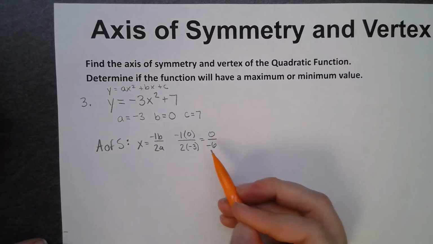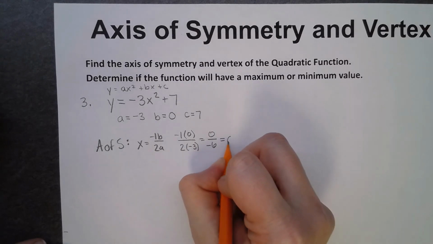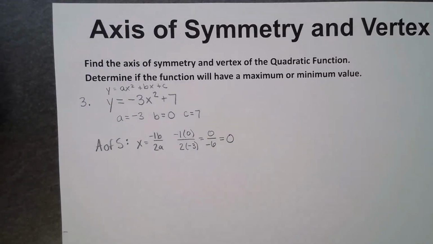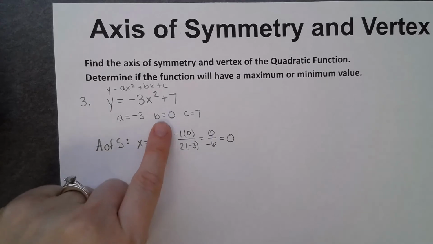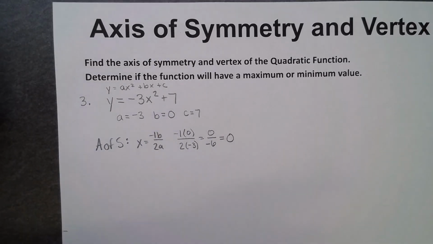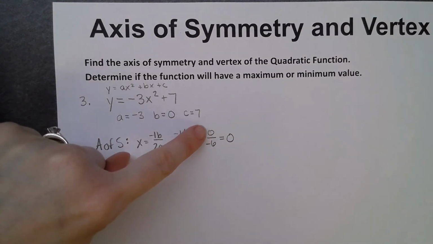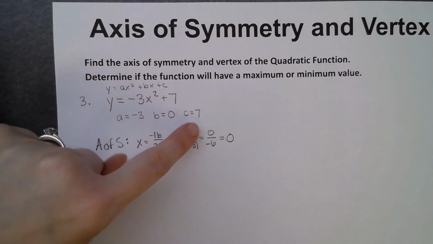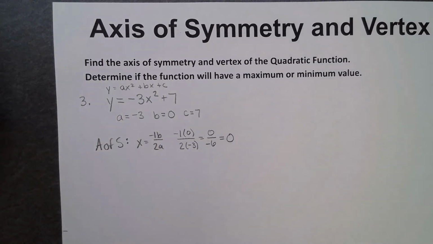And when you divide, that's going to equal 0. So here's a little tip. When b equals 0, your axis of symmetry should always equal 0. Because the 0 is going to be in the top, and when you're dividing into 0, that always equals 0.